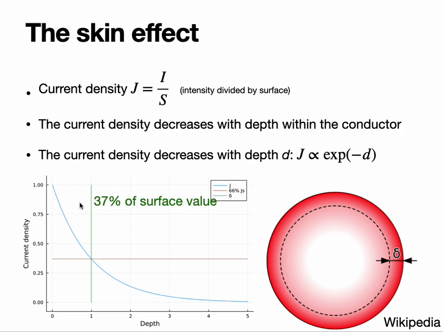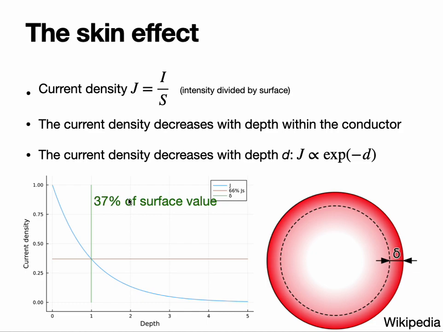What you see on this diagram here is a schematic diagram showing the current density versus the depth. For example, you see a magnitude of 1 at the surface, and then this current density is dropping with depth to a value of 0.